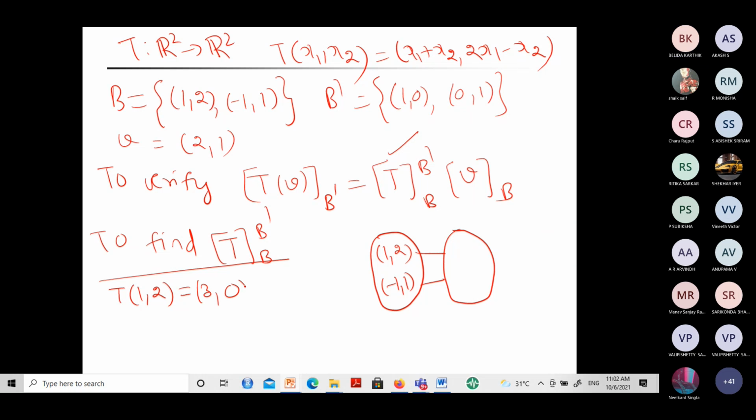Check. How to write that as a linear combination of the elements in B dash?